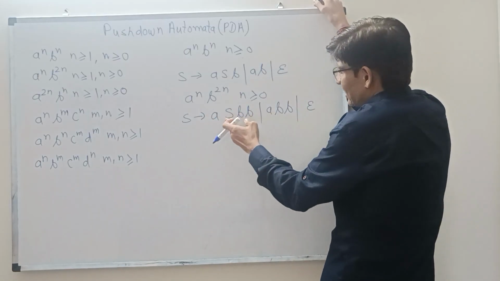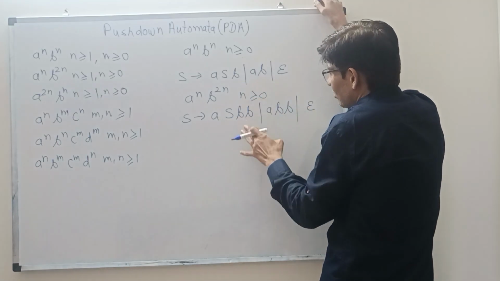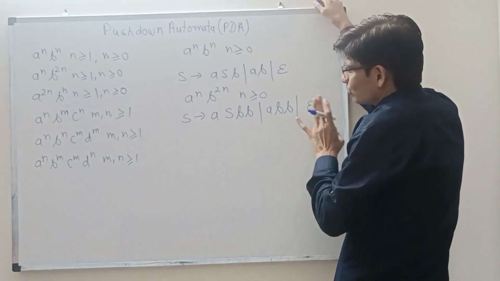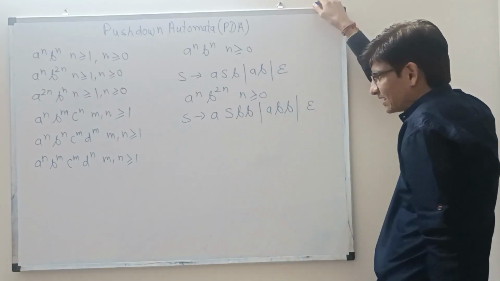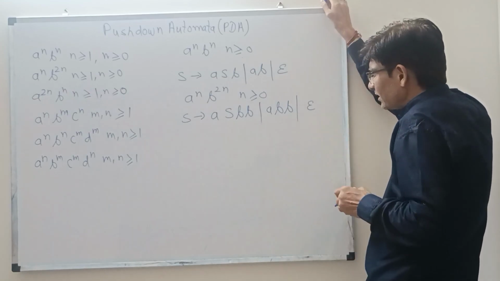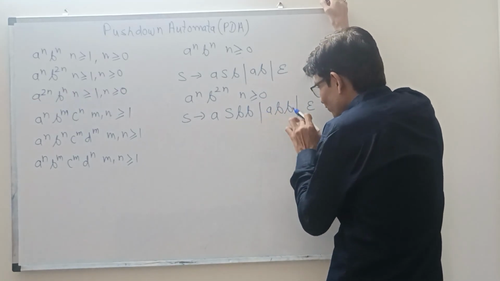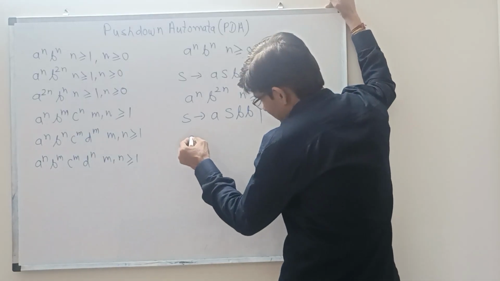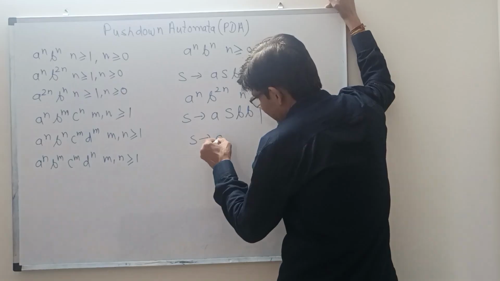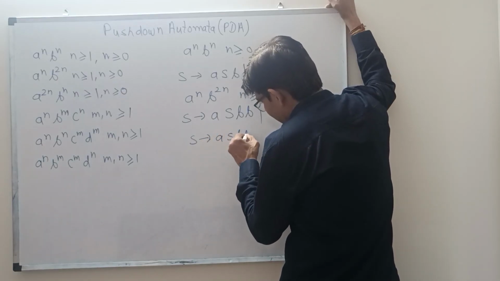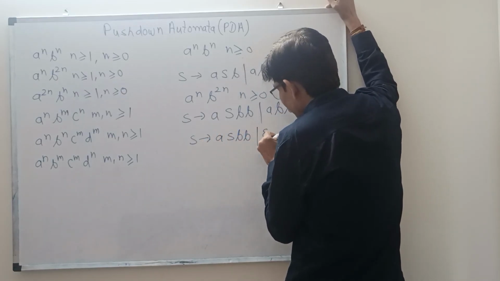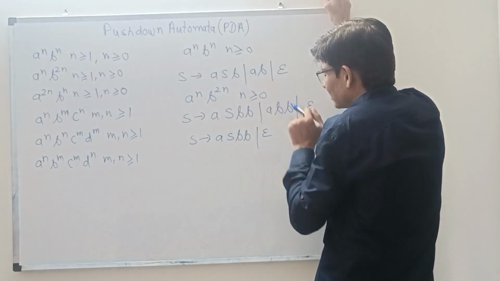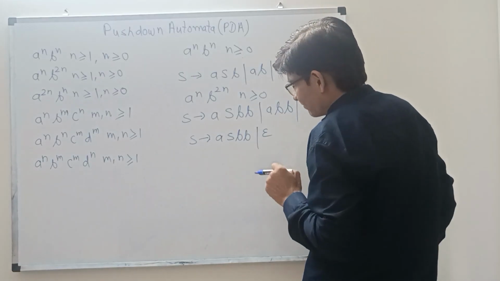So you can have both these productions, or you can remove this production and only have epsilon here. Both will be correct, no problem. Ideally this must be removed from here and epsilon will be there as a production. So the corrected grammar would be S gives aSbb, epsilon. This would be generating all strings of this particular language. I hope it would be very much clear.